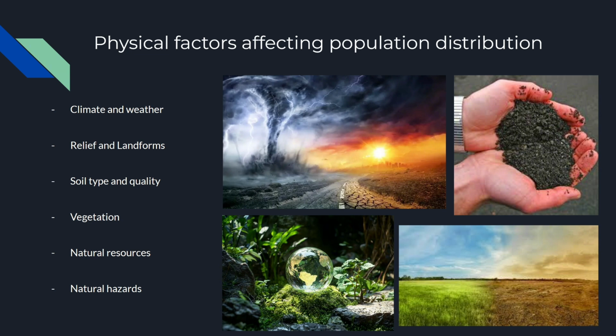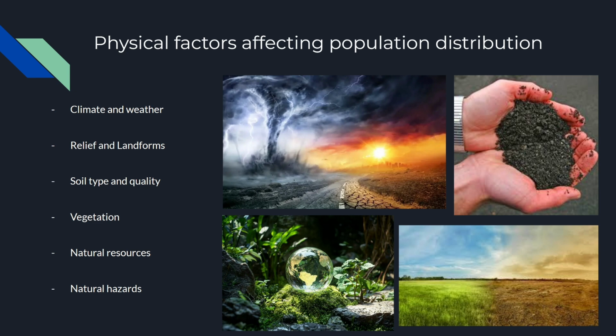Natural resources is of course another factor, such as fresh water, raw materials and minerals. The presence of fresh water, as I was talking about earlier, being near the coast, is very useful for water. It's not necessarily fresh, but it can always be filtered. Yeah, so areas with these natural resources are very attractive for human settlements.